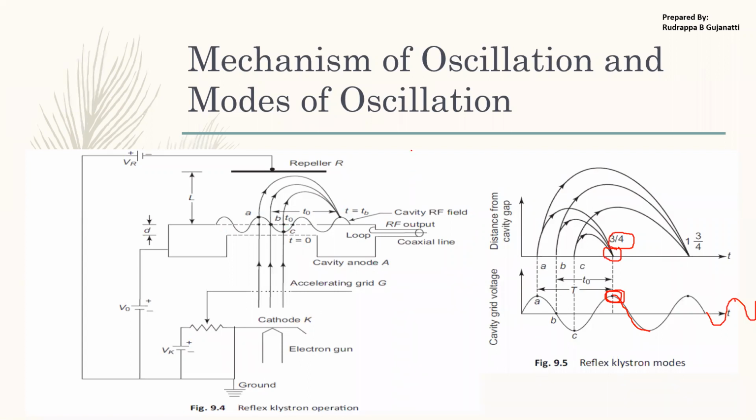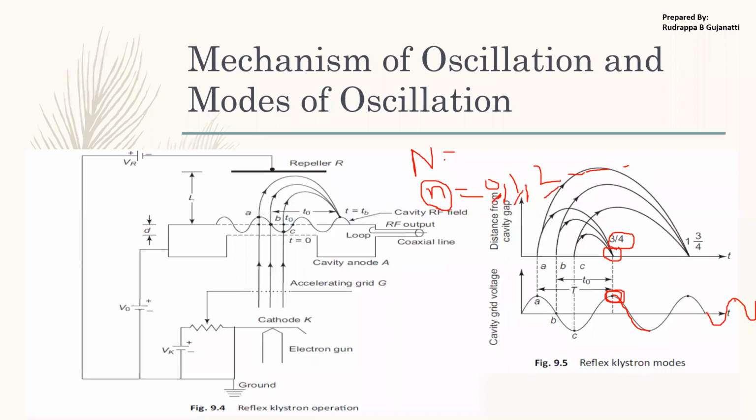We represent it in two ways: one is capital N and the other is lowercase n. Lowercase n can have values starting from 0, 1, 2, and so on. If I'm referring to lowercase n, the lowest mode is 0, the next mode is 1, the next mode is 2.